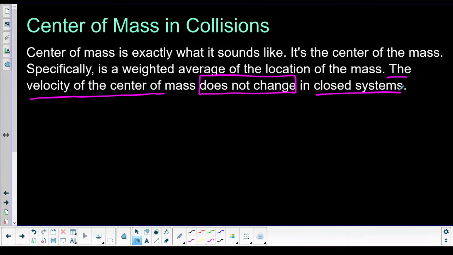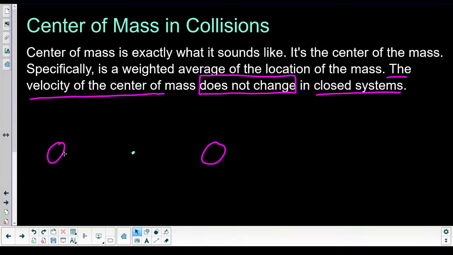Okay, what that means, let's say we've got a little object and it's going to come hit this stationary big object. Let's plot the center of mass. Okay, the center is right about there. So that's the center of mass.